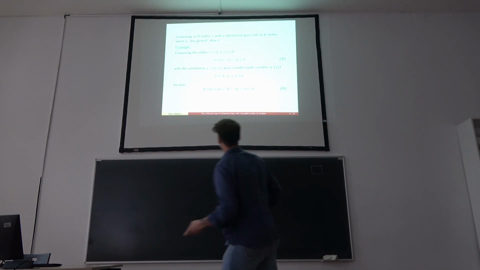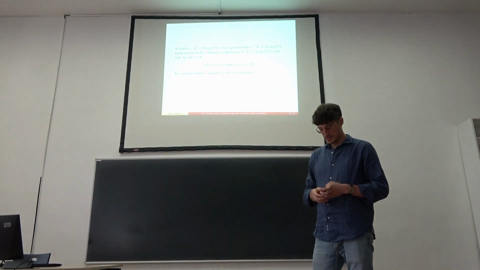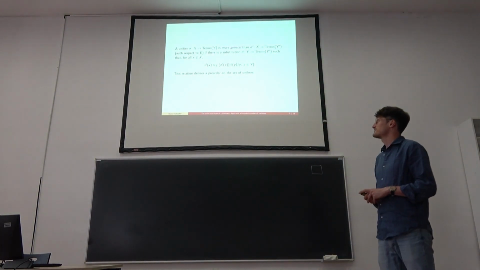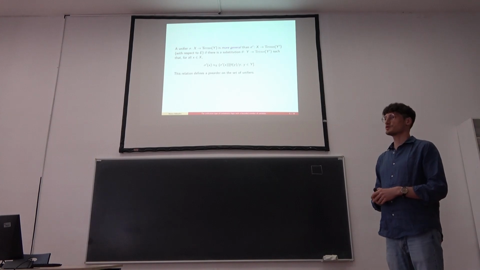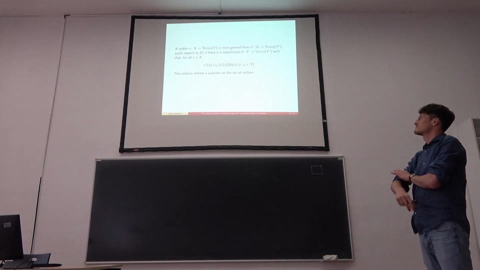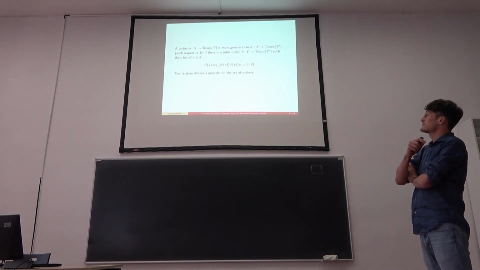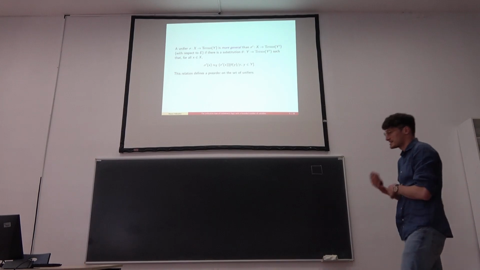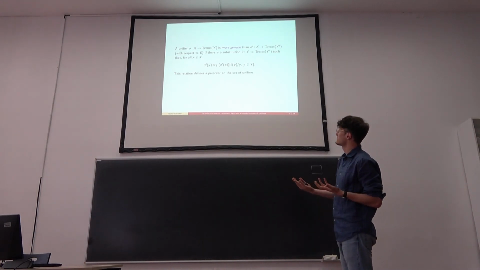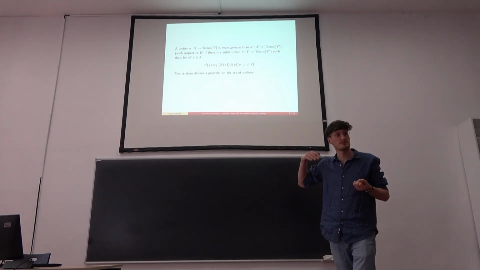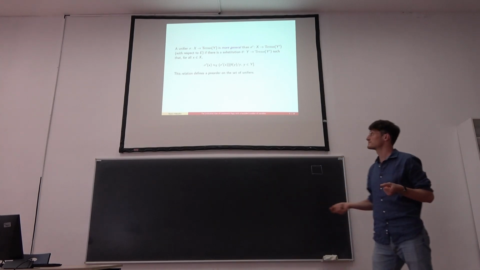And now for the formal definition of what it means to be more general. I have two unifiers, sigma and sigma prime. Sigma is more general than sigma prime if sigma prime is obtained from sigma by a substitution.